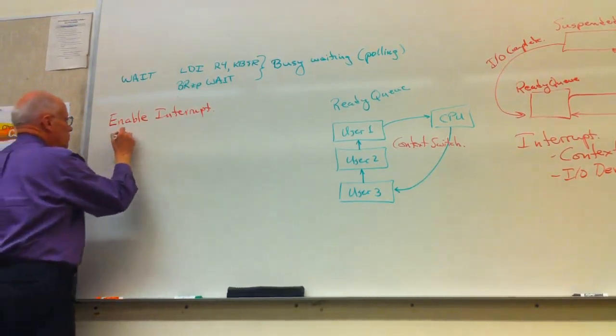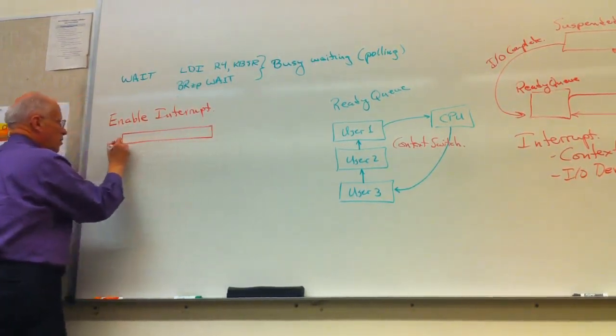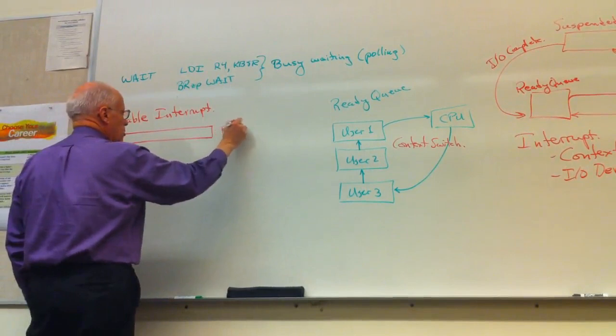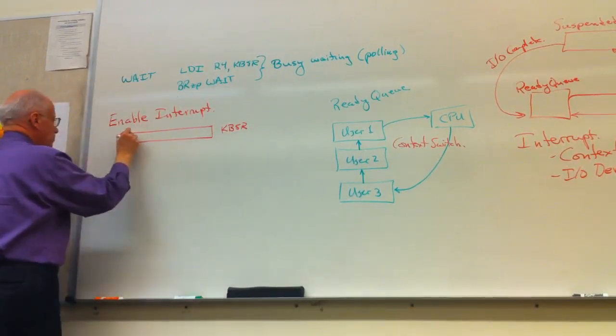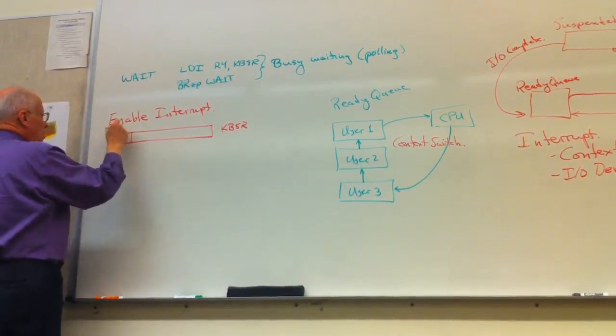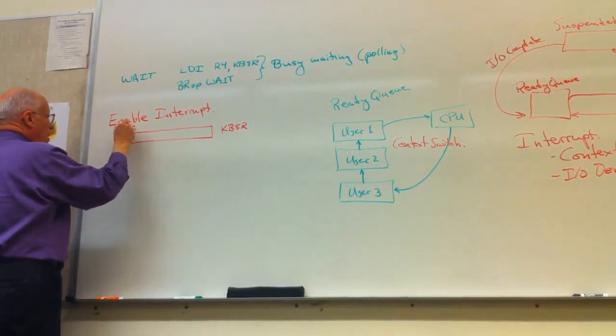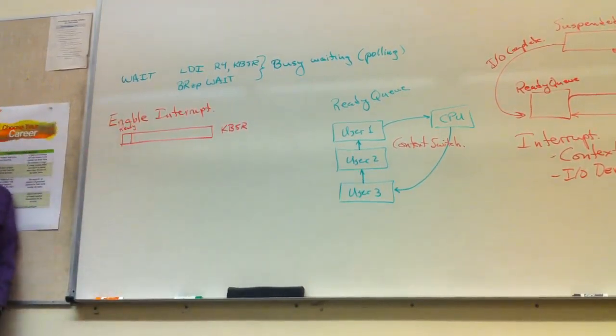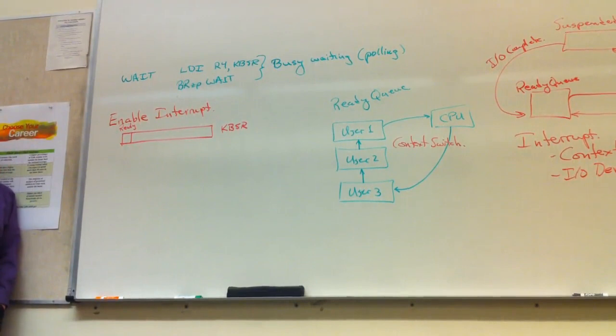You remember, since we're talking about the keyboard, we'll go ahead with the keyboard status register. Bit 15 out here at the end was used as a ready bit, and we just kind of grayed out all the rest of that 16-bit word and didn't worry too much about it.